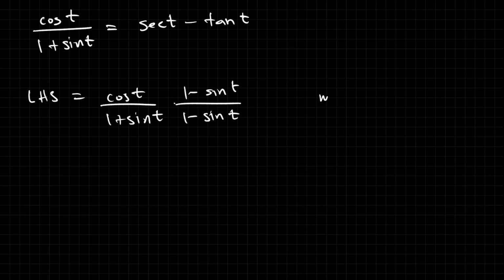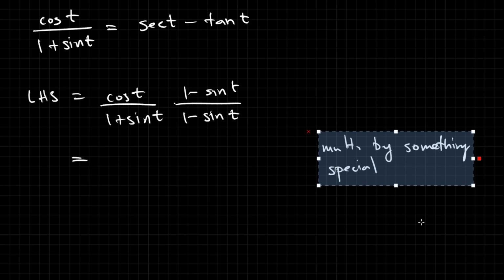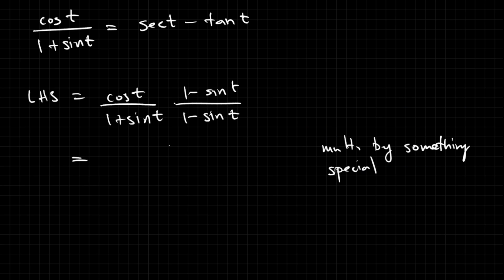All right, so this is multiplying by something special. I guess usually I put what I did with the result. So let's go ahead and move this down. And so what would this be? This would be cosine t times 1 minus sine t divided by 1 minus sine squared t.